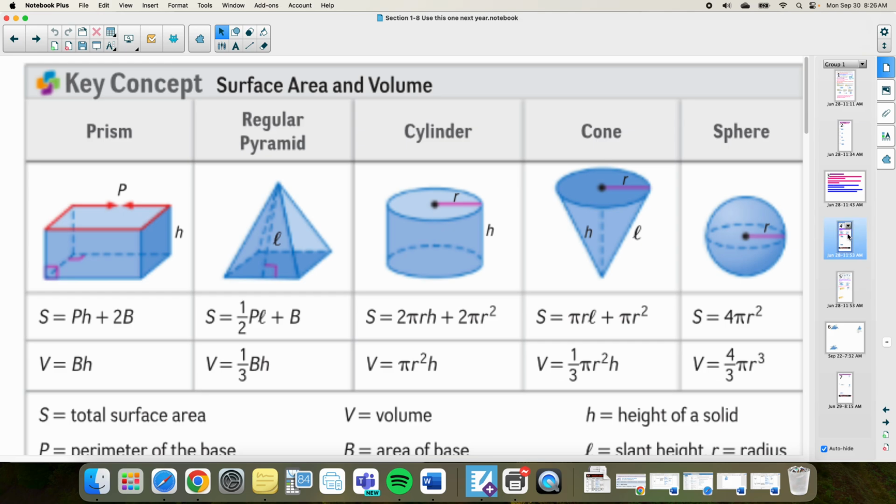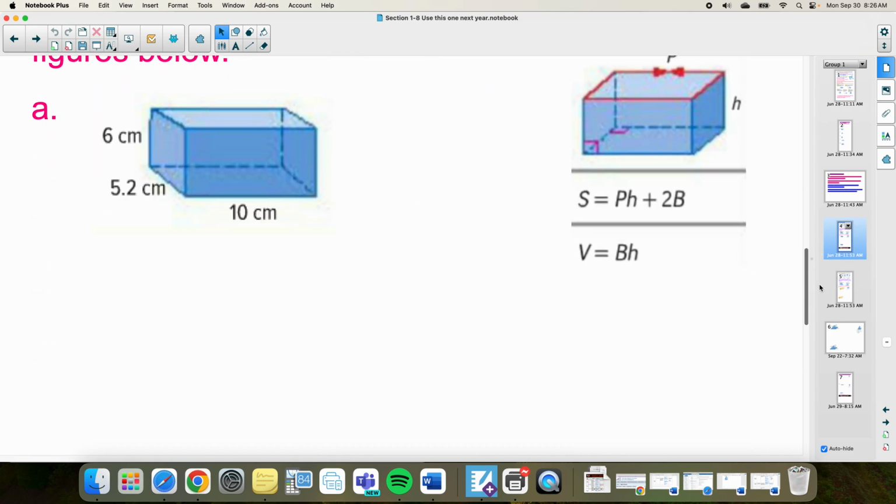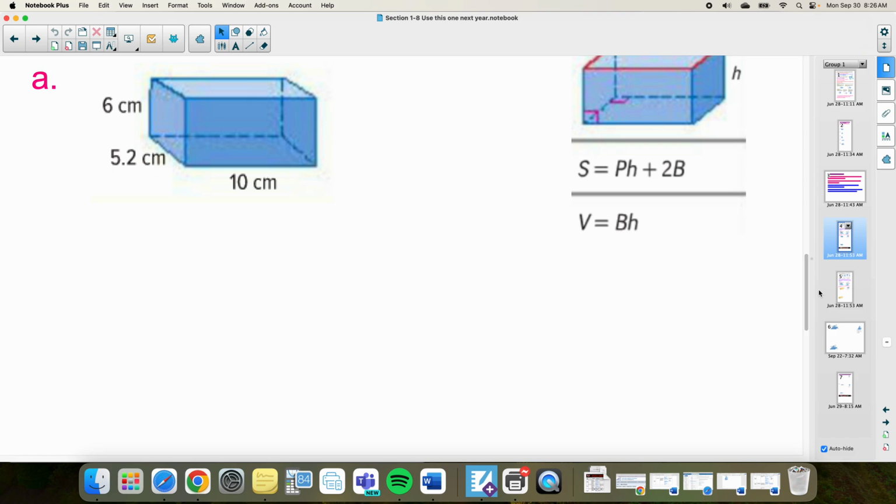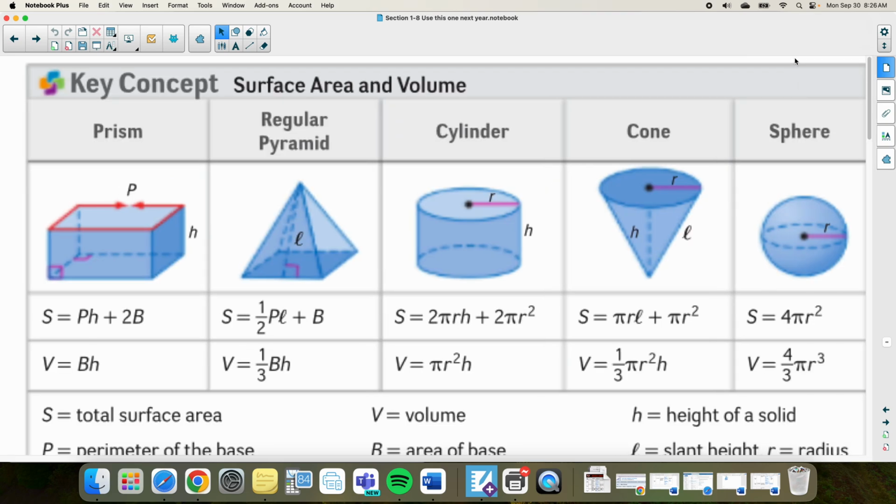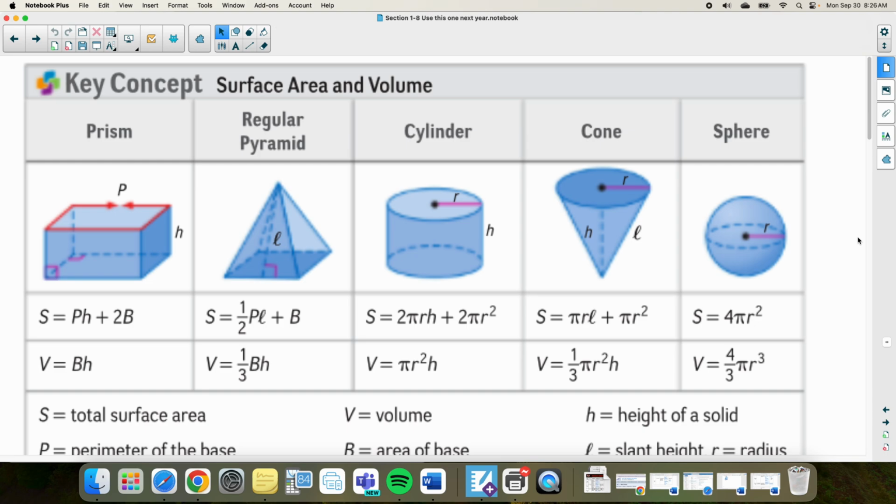So on Friday we did one prism. And then today I'm just gonna go over the formulas again, and then we'll go over pyramids, cylinders, and cones, okay? So when I look here, on Friday we talked about the fact that I always choose for a prism the bottom rectangle.